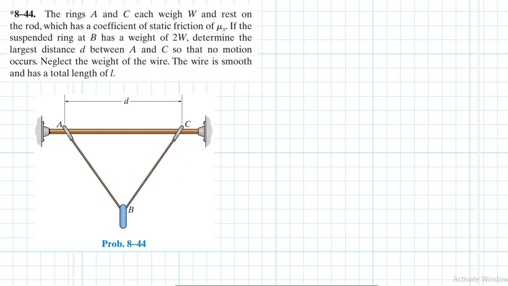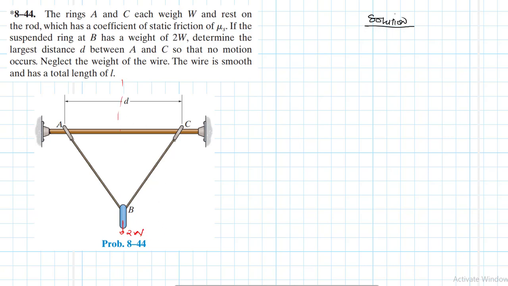wire is L. This problem is coming from the Engineering Mechanics Statics textbook, 13th edition, by R.C. Hibbeler. So we are told the wire is smooth, so we don't expect any friction between this ring at B and the wire, no friction. We are only going to expect the weight here, which is 2W.